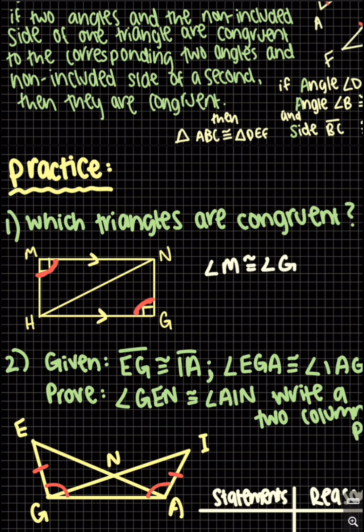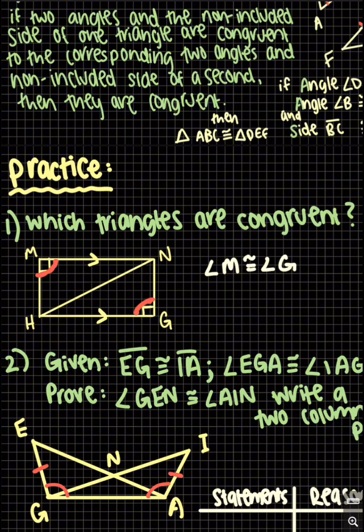Okay, well, they're parallel, but what is this telling me about the triangles? Well, if MN is parallel to HG, that means that this line HN is called a transversal, meaning that it cuts the parallel lines. And why does this have any significance?